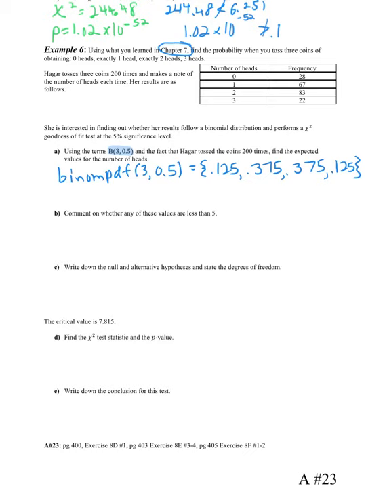So this is the probability of 0 heads, the probability of exactly 1 head, the probability of exactly 2 heads, and the probability of 3 heads. Which makes sense that I'm going to have a higher probability of getting 1 or 2 than I am of getting all 3 of them or getting none of them. And all of those probabilities should add up to 1 if I added all 4 of them together, because you're going to have an outcome of either heads or tails.